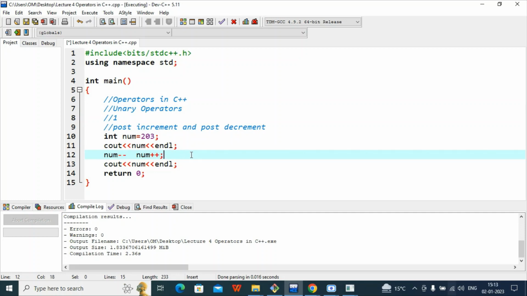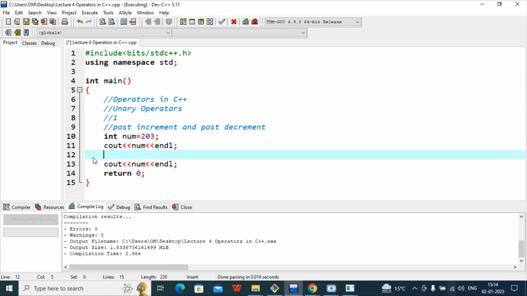That's why it is post increment, and this is called pre increment. It does the same functionality, but this is pre because it is coming before the variable, before this num variable.